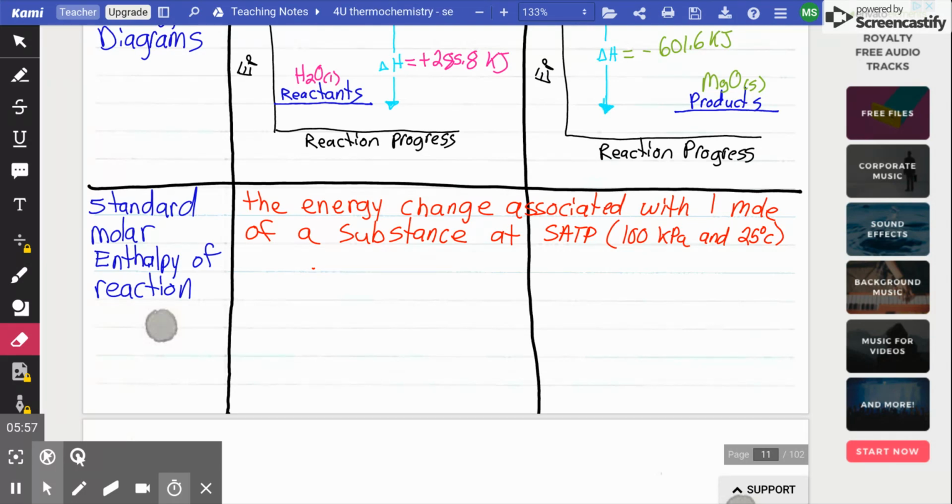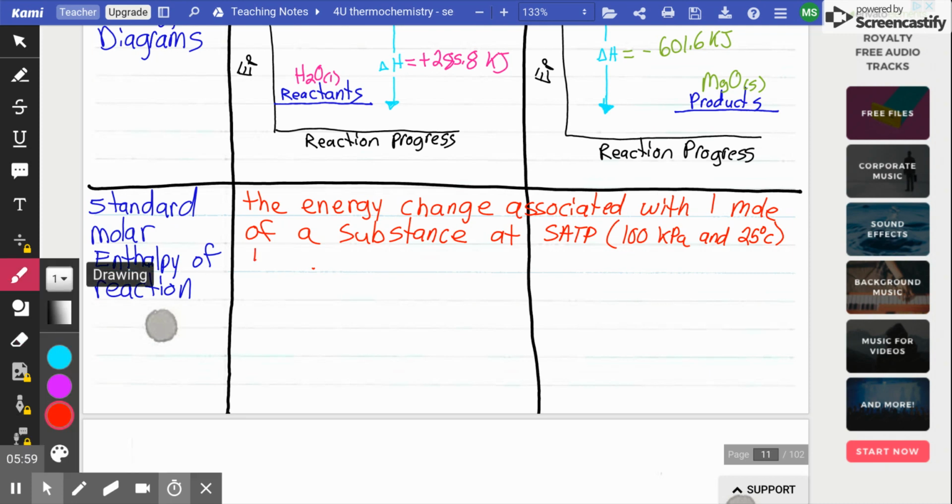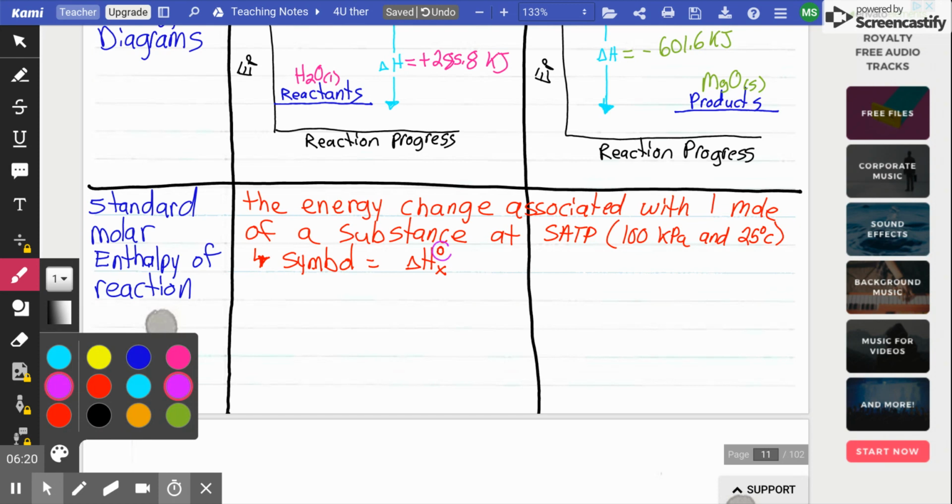The symbol for standard molar enthalpy of reaction is still delta H with an X to indicate what kind of reaction it is, except now we put a little superscript 0 here, which means that it's at standard atomic temperature and pressure.